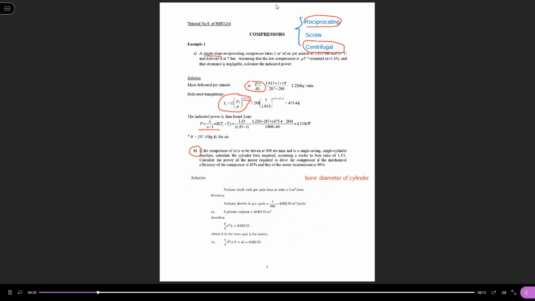Then you need to know how to calculate the volume. So I give you 2 minutes, maybe 3 minutes, to read part B, and then we will work on it together.